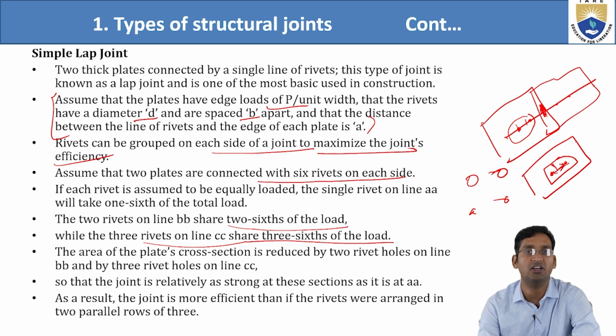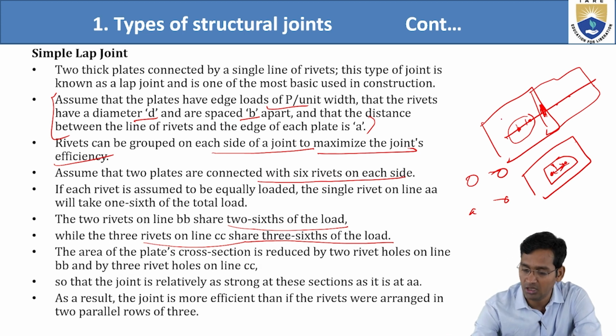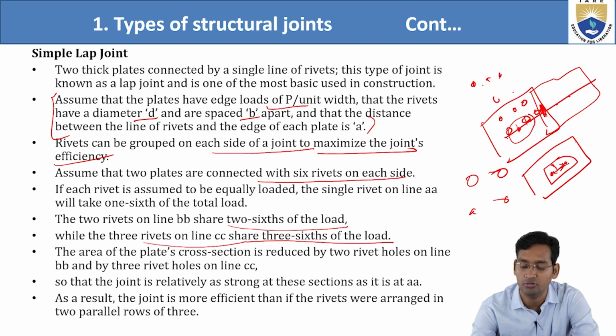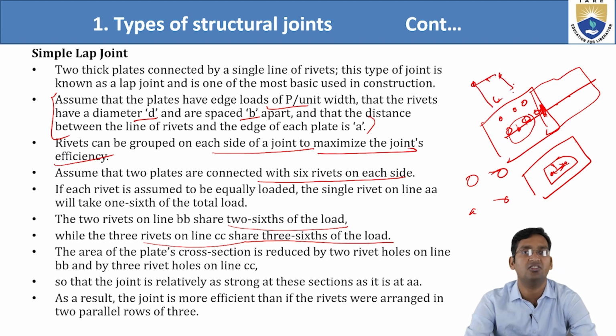As a result, the joint is more efficient than if the rivets were arranged in 2 or 3 parallel rows. That's why we put rivets like this, not randomly.